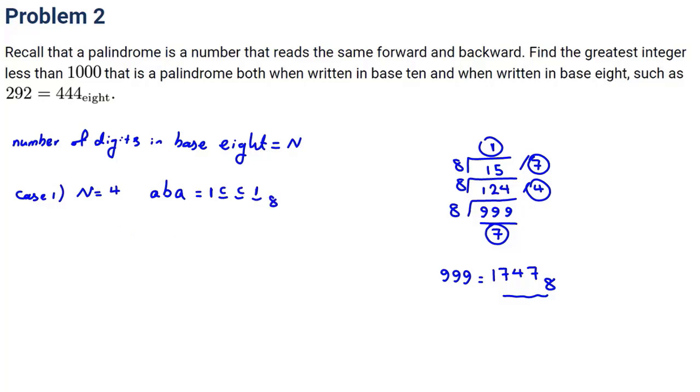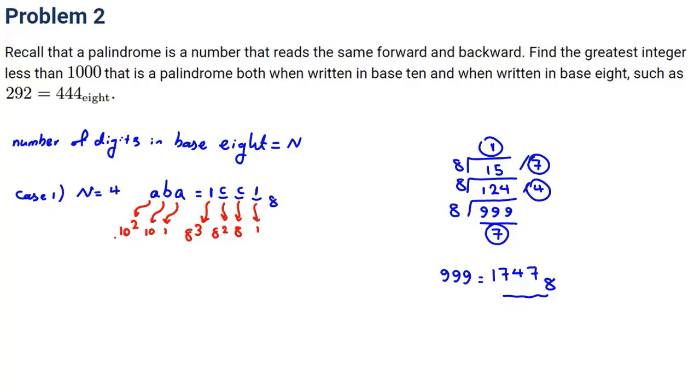So you should know how to change from base 8 to base 10. You multiply by 1, by 8, by 8 squared, and by 8 cubed. In base 10, we also multiply by 1, by 10, by 10 squared.